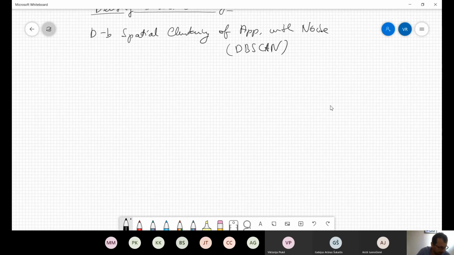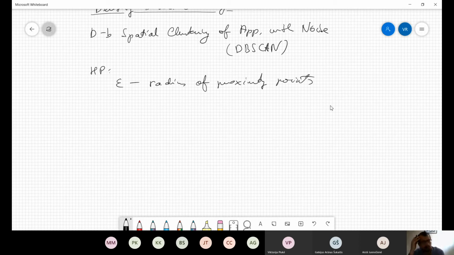Okay, so it has a couple of important hyperparameters, right? One is so-called epsilon. This is the radius of proximity points. So basically, you have to define the radius where the points are considered to be close ones, right?